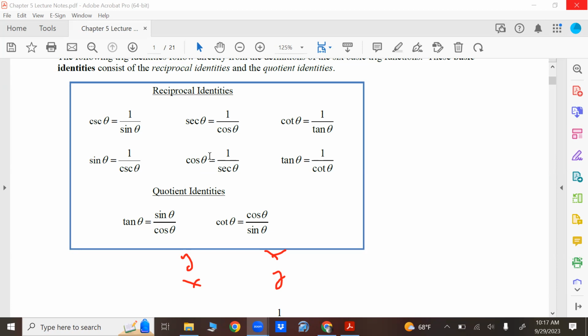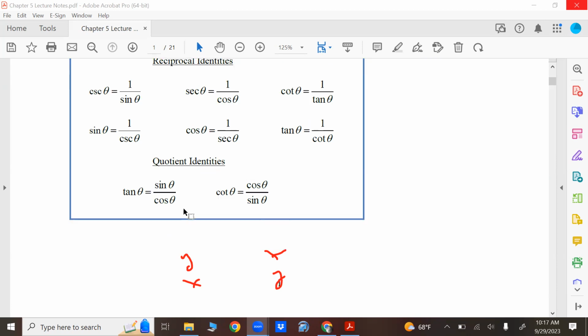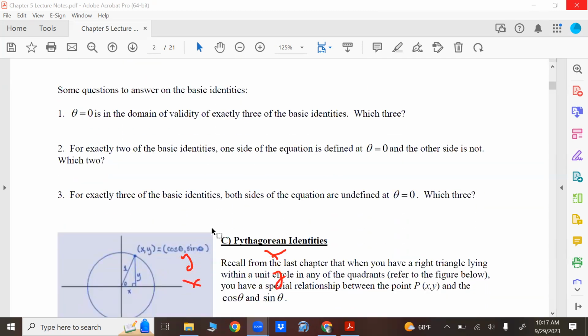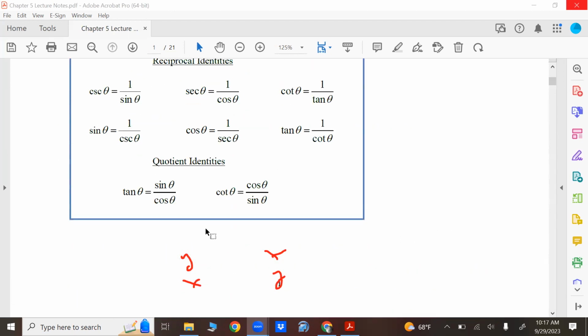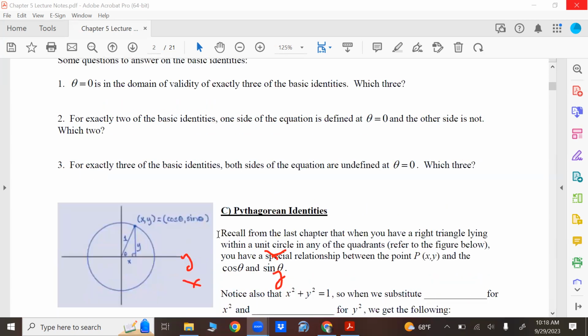Secant's fine, cosine is fine. Tangent's fine. Yeah, it's like 3 though, I'm a little confused. Sine 0 is 0, tan 0 is 0. Cosine, yeah, I don't know why I said 3. I'm a little confused about that one. Anyway, just know that sometimes 0 has to be excluded. We'll just move on.